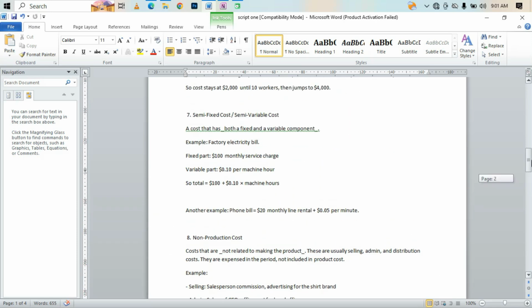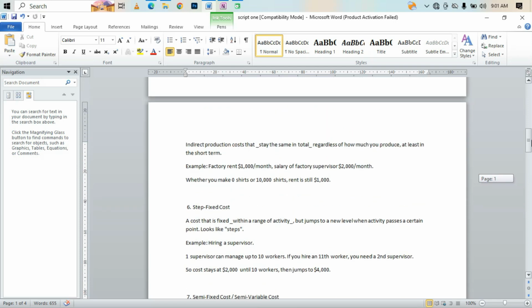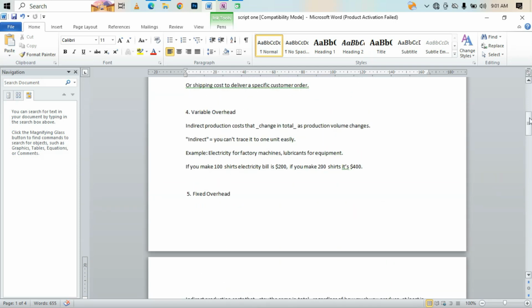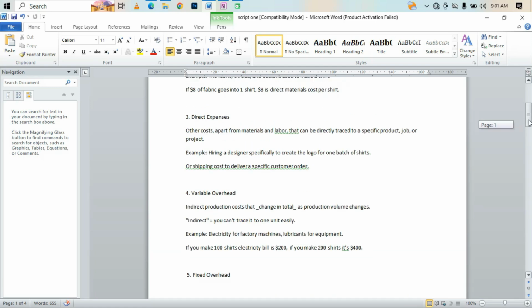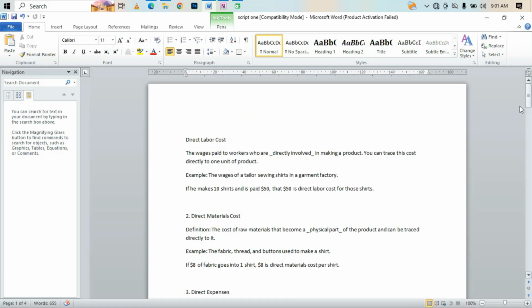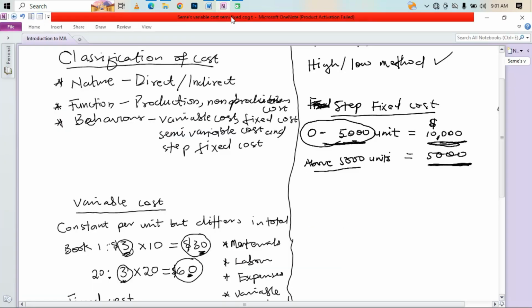Now, all these costs that we are talking about, you will be asked to prepare a cost card. So the cost card usually shows the cost of one unit, per unit. So let's see how a typical cost card looks like.